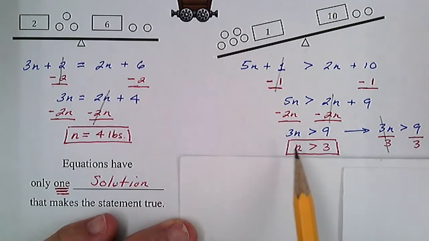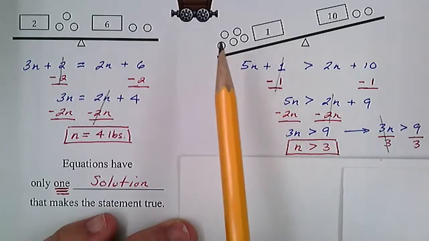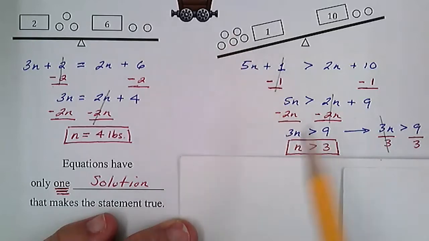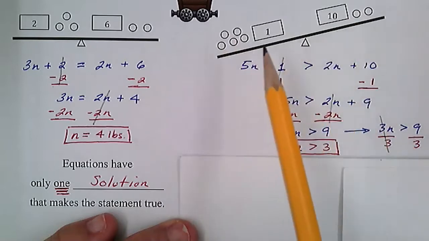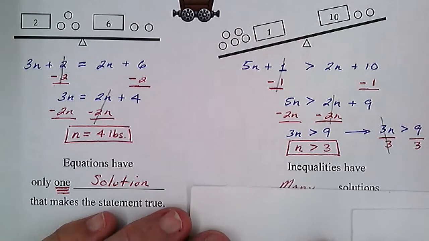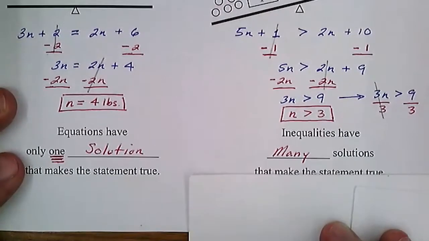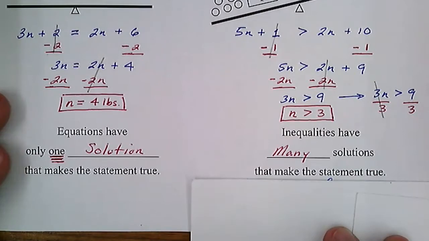So that means these gold nuggets could be any number of pounds, but it has to be bigger than 3, greater than 3. If I put the number 3 in there, then it would no longer make this true. And this is saying that this side is larger. So this is an inequality, and inequalities have many solutions that make the statement true.